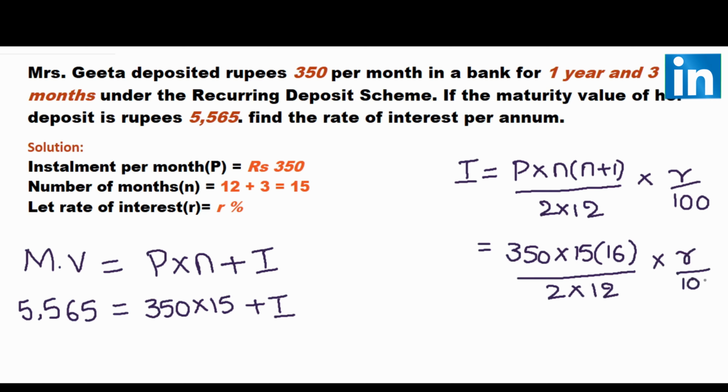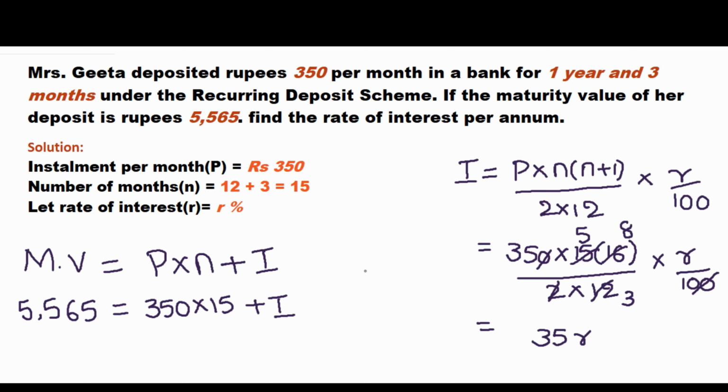0 gets cancelled with 0, 2 ones are 2, 2 eights are 16, 12 threes are 36, and 12 fives are 60. So on substitution, I'm going to get 35R.